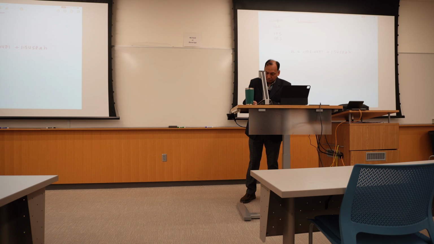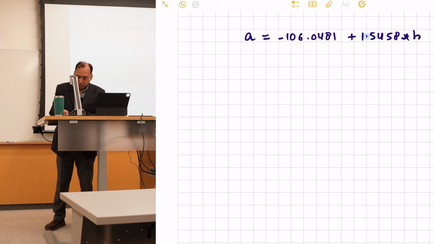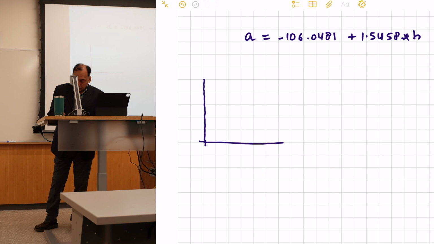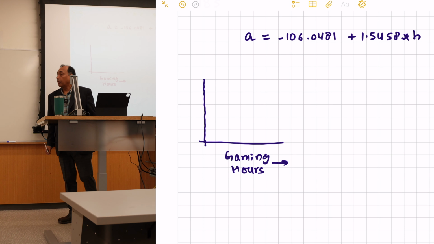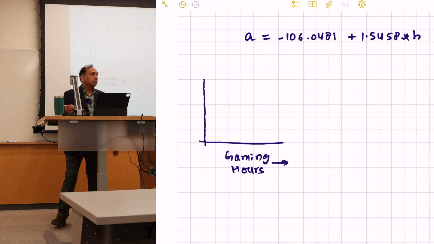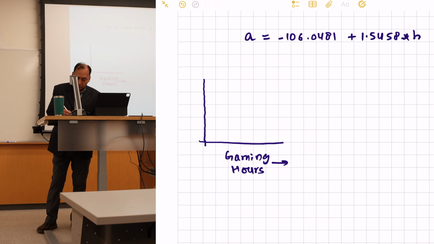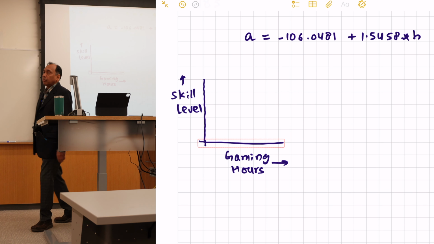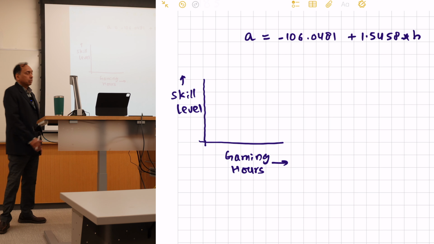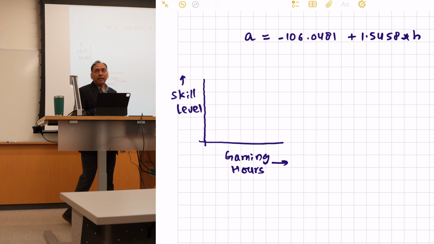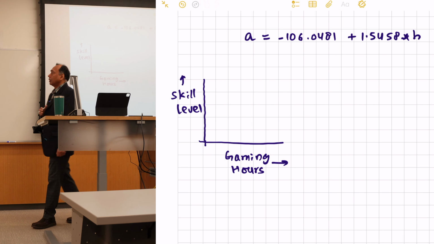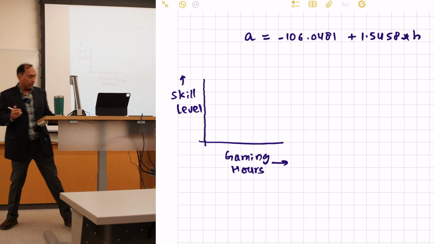So let's look at some examples. When you plot two variables, let's say your variables are the amount of time you spend on gaming hours, and skill level, basically may be captured in different ways, like how many levels or how many points, things like that.